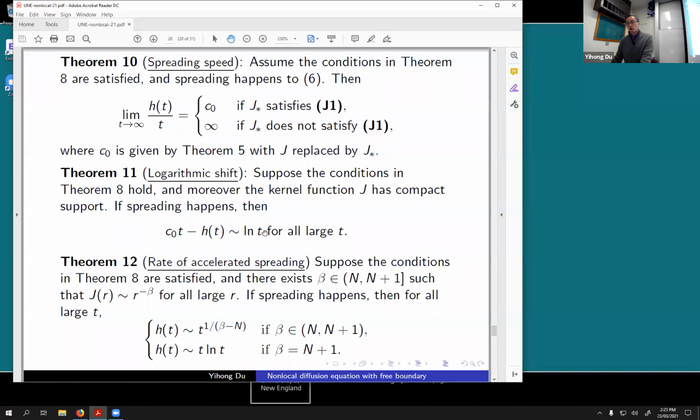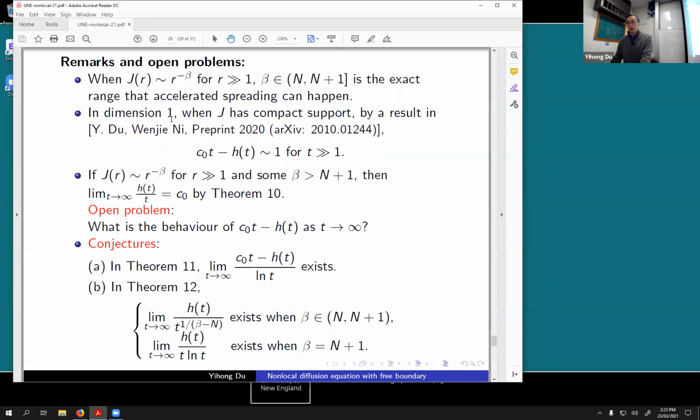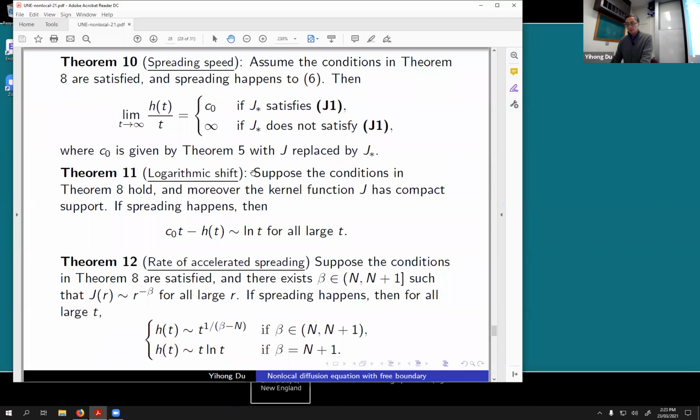It is of the order ln t for large t. That's different from the one-dimension case. In the one-dimension case, if J has compact support, this is bounded. I didn't mention it, but it's contained in that paper. So that's the difference from one dimension to high dimension in the finite speed case.